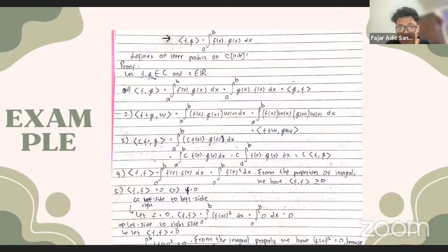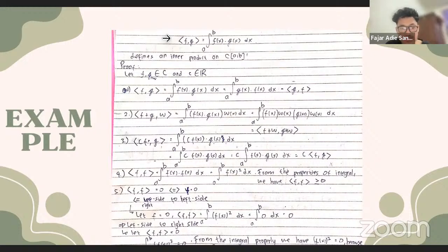Jadi sudah dipastikan dari properti integral, karena f kuadrat itu suatu non negatif, sehingga kita dapat bahwasanya inner product f, f itu lebih dari 0. Sehingga syarat keempat is satisfied atau memenuhi.